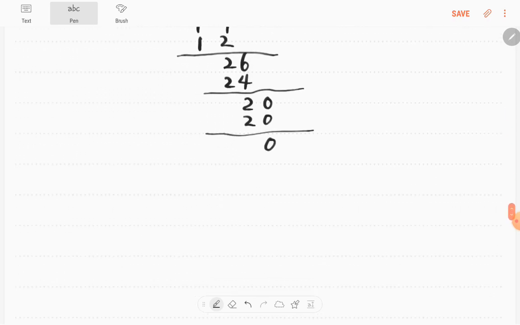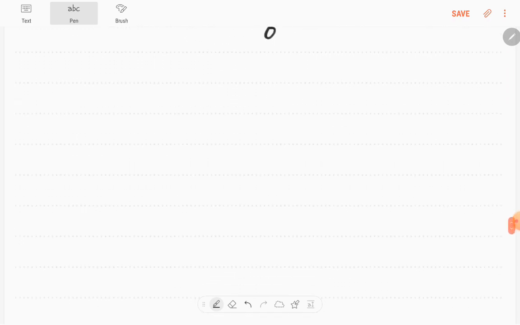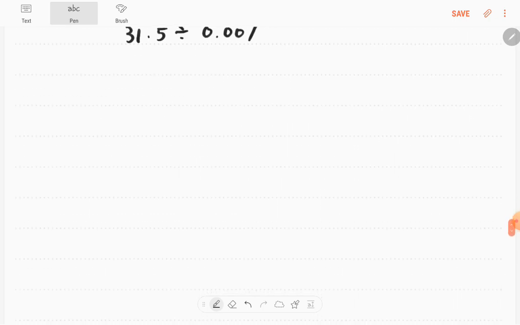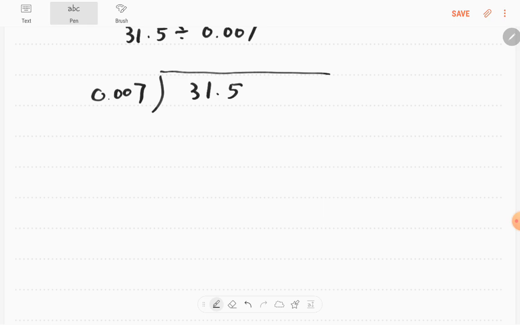Let's try another one. So we write it into the long division. So first, we change our divisor to a whole number.